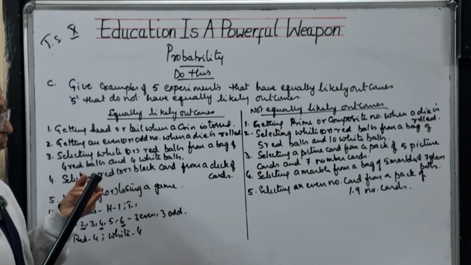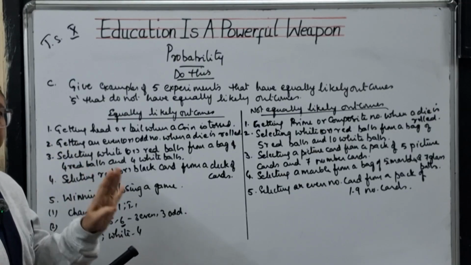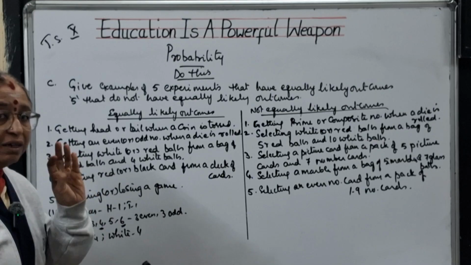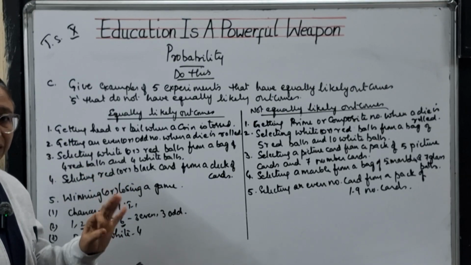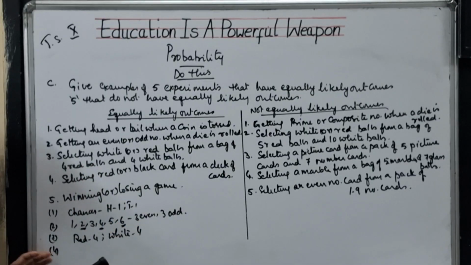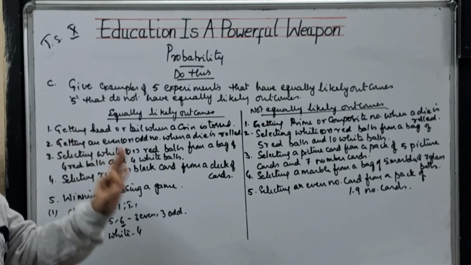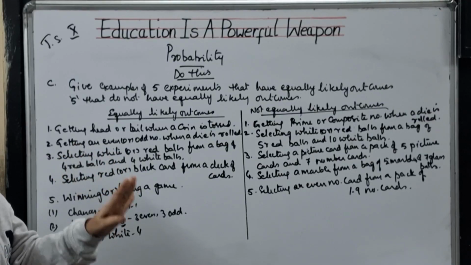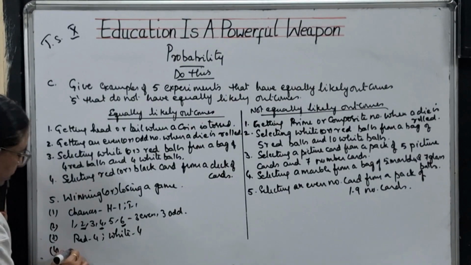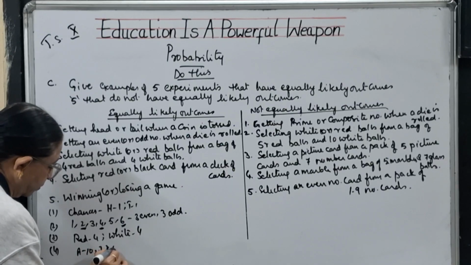In that, we have got ace, which is considered as 1, then 2, 3, 4, 5, 6, 7, 8, 9, 10, and then jack, queen, king.